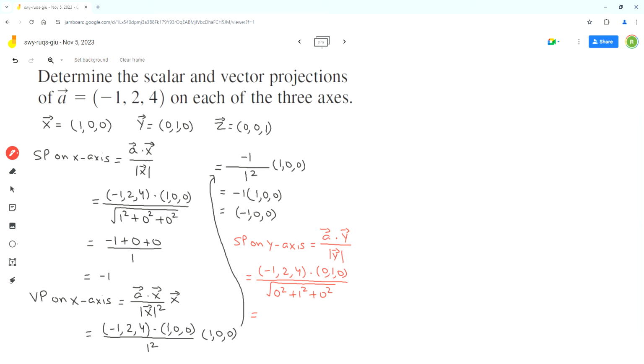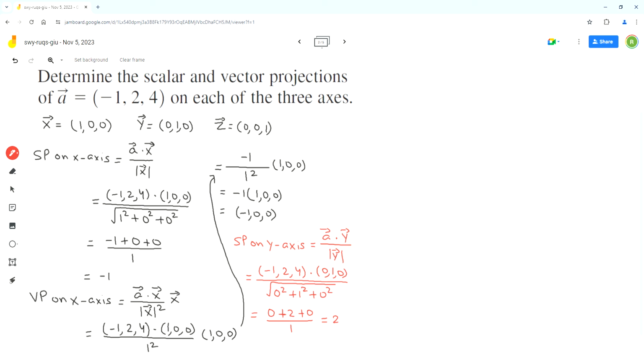Now we can do the dot product in the numerator. We'll multiply the x, y, and z components. Negative 1 times 0 is 0, 2 times 1 is 2, and 4 times 0 is 0. So I got 2. This is the scalar projection of vector A on the y-axis.